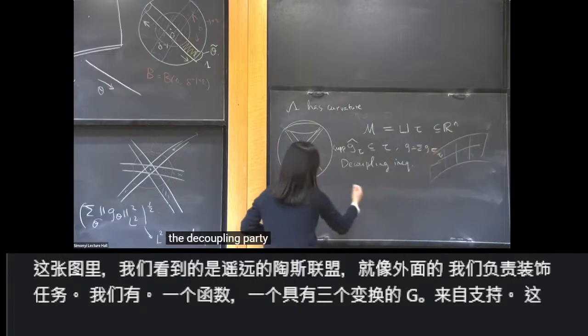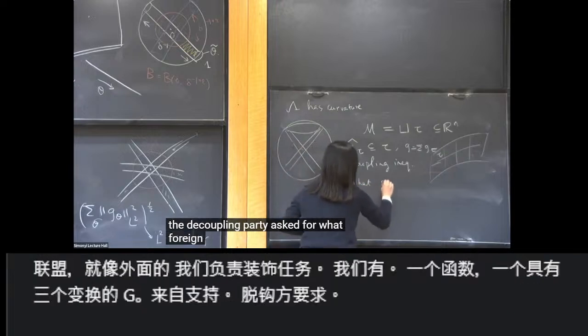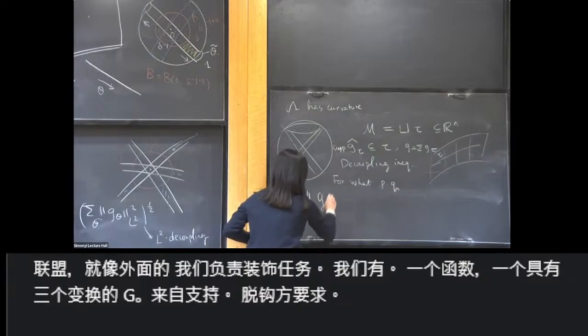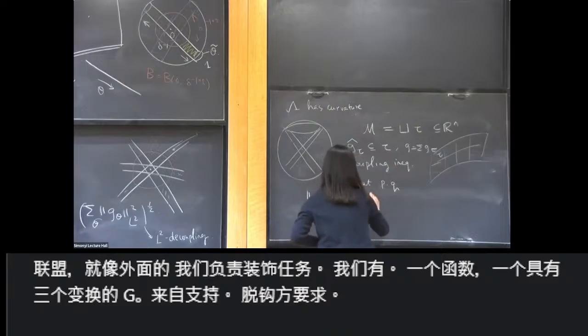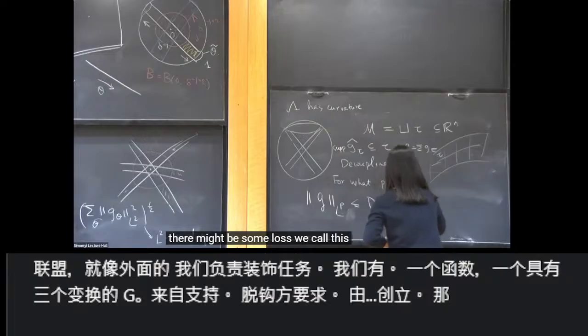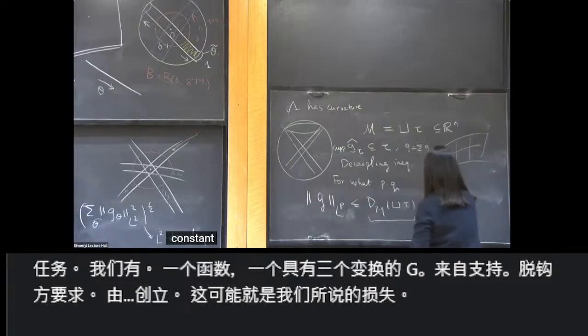The decoupling inequality asks for what P and Q such that the L^P norm of G is bounded by, there might be some loss, we call this the decoupling constant, times the sum over G tau.